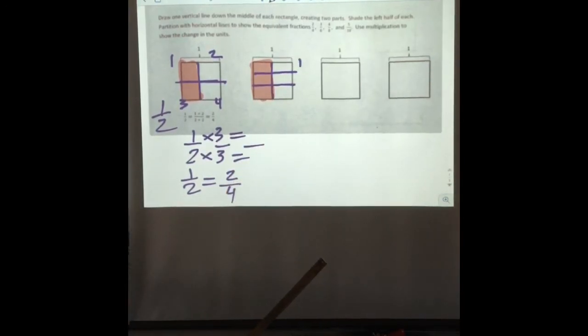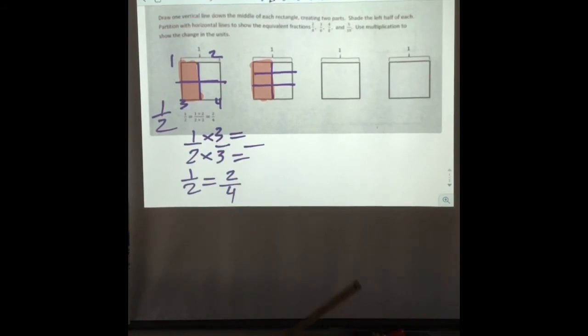Because it's 1, 2, 3 pieces going this way, and I have 2 pieces going that way, right? Does that make sense? I hope it does. All right, so I've got 1, 2, 3, 4, 5, 6. What is going to be my unit number? 6.